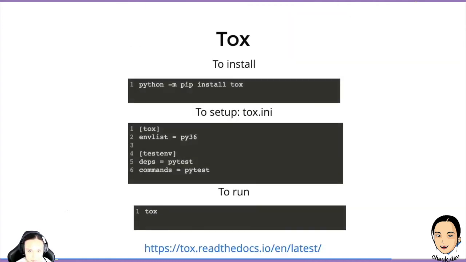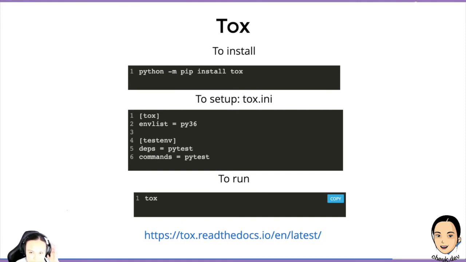Tox is just pip install tox, so it's quite straightforward again. Let me go through this in a sec. You can control which version it runs on. For example, you want to test Python 3.6. This is where the dependencies come in.